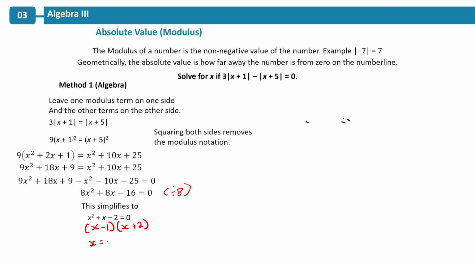Solving it, we're left with x is equal to 1 and x is equal to minus 2. Okay, we find our values of x. Let's look at our second method in which we can solve for this.